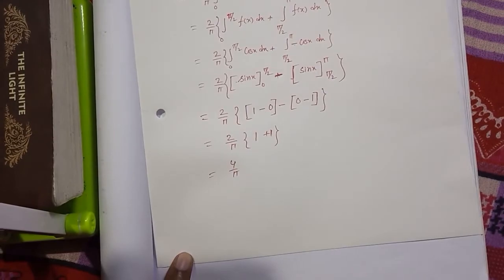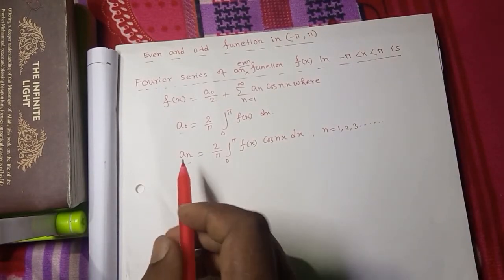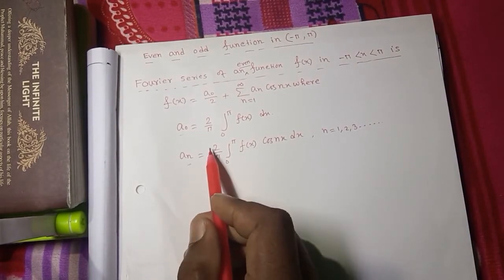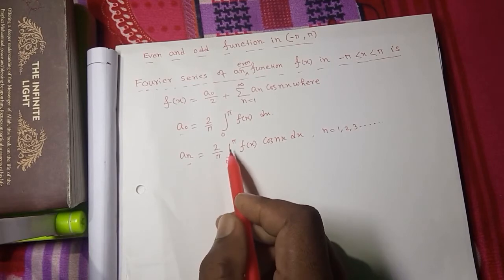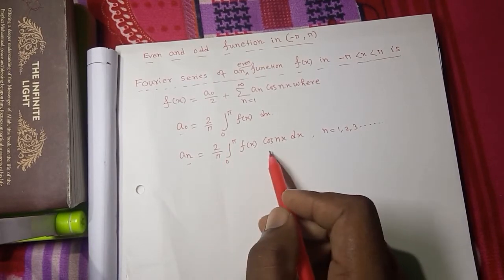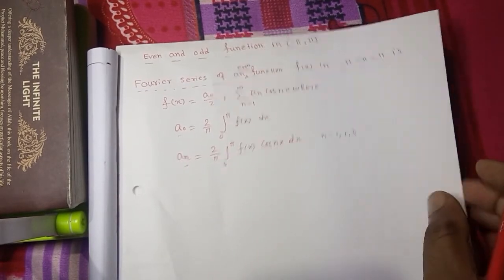Now to find the value of an for an even function, we know that an is equal to 2 by pi integration 0 to pi f of x cos of nx dx.